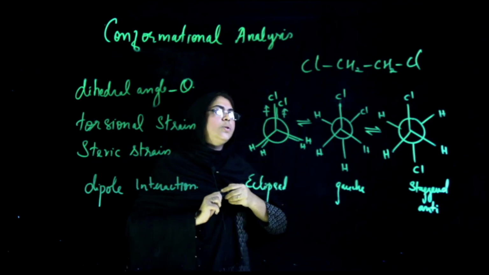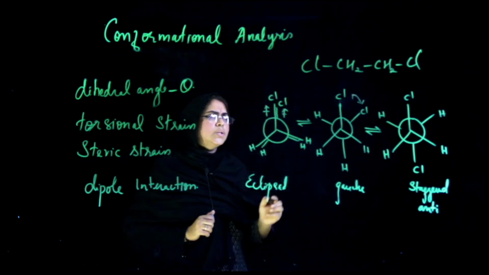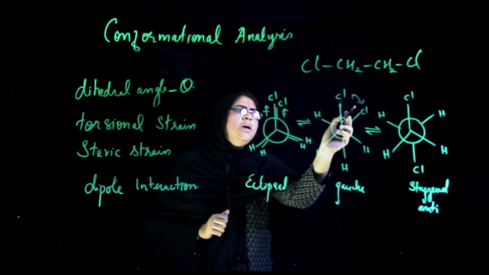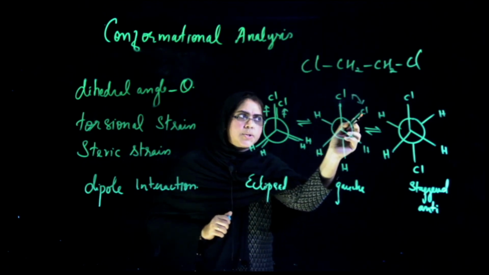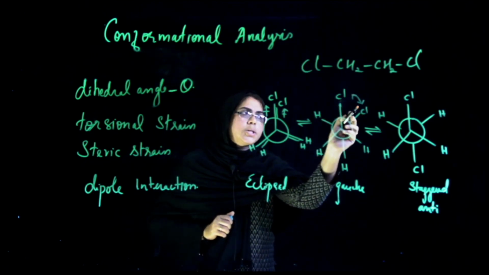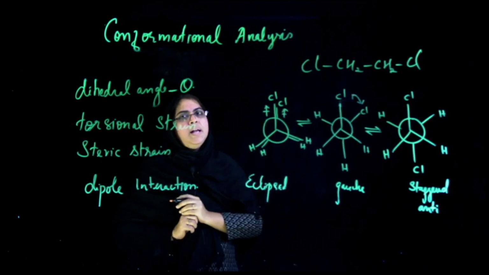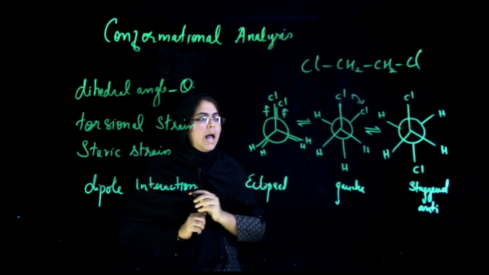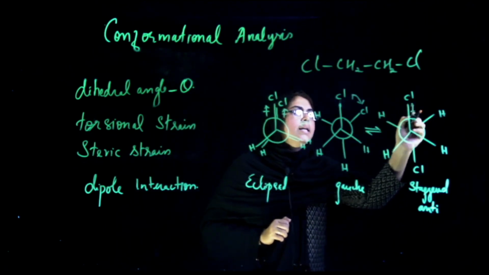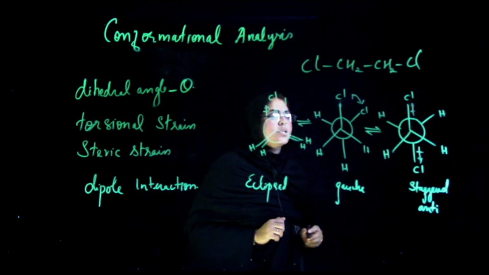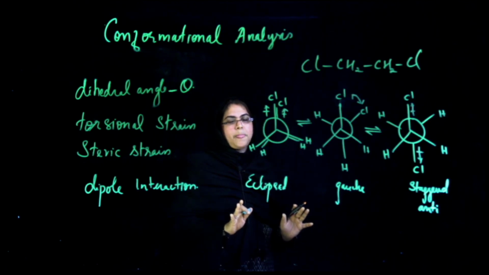And when we come to this, the dihedral angle is 60. So this chlorine atom is somewhat away from the other. So the steric strain will be less, torsional strain will be less, and the dipole interaction will also be comparatively less. And when we come to staggered, we can see that the dipole interaction will be least in this case.